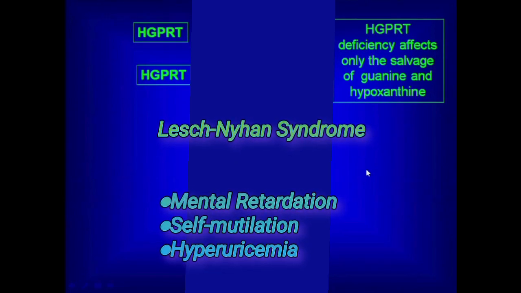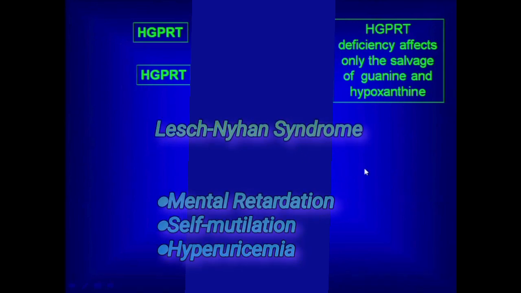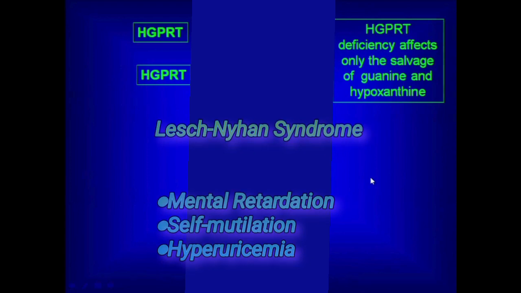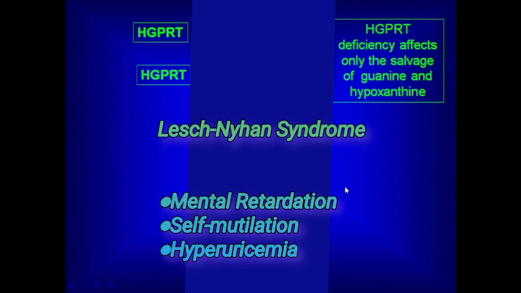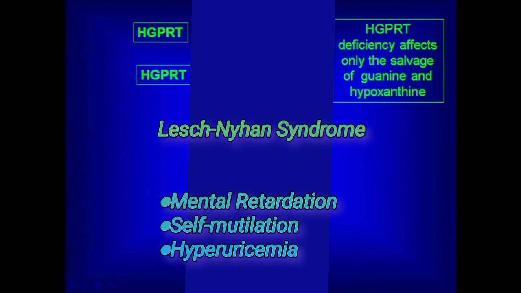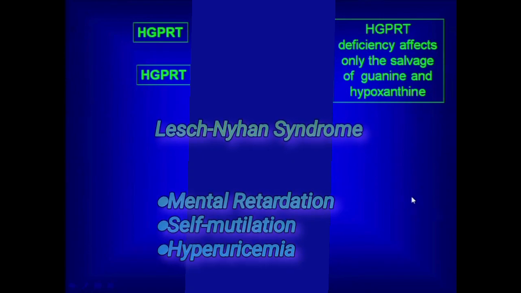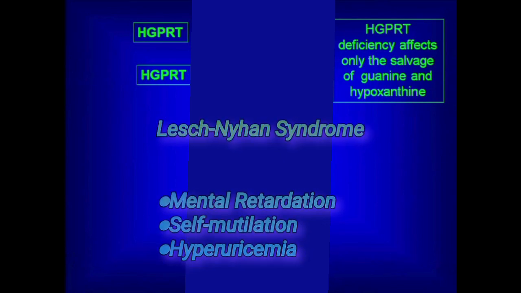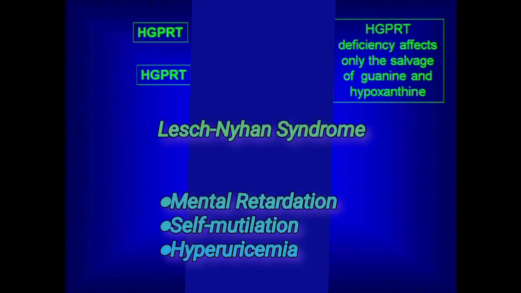One of its hallmarks is self-mutilation, hyperuricemia, and mental retardation, all important consequences of this deficiency. Okay? So just know the deficiency. Hyperuricemia results in a condition called gout.